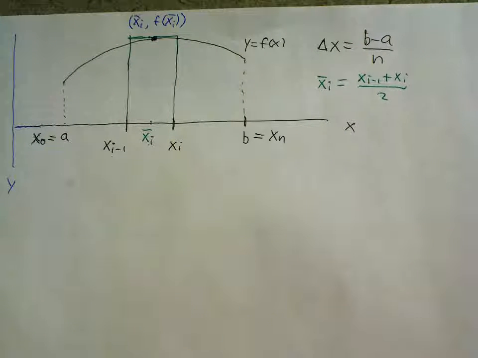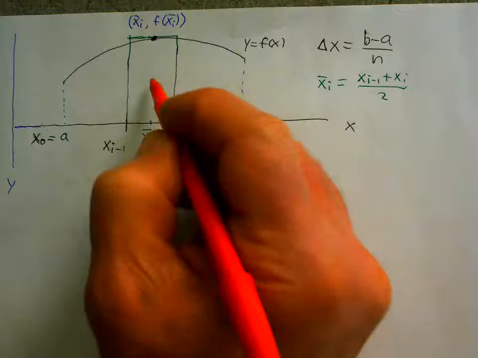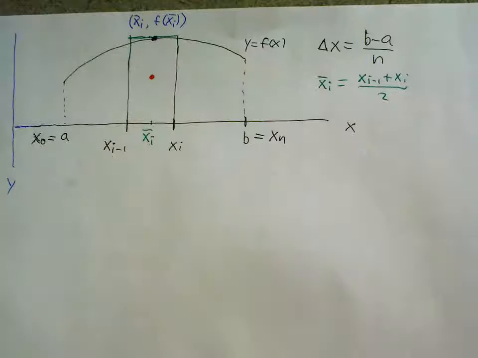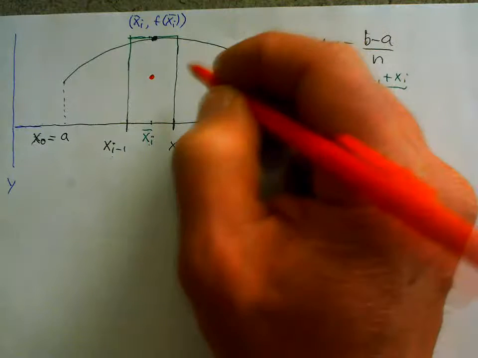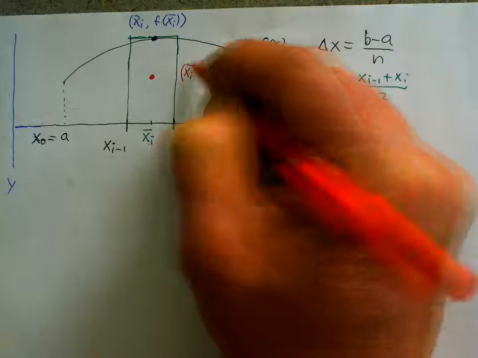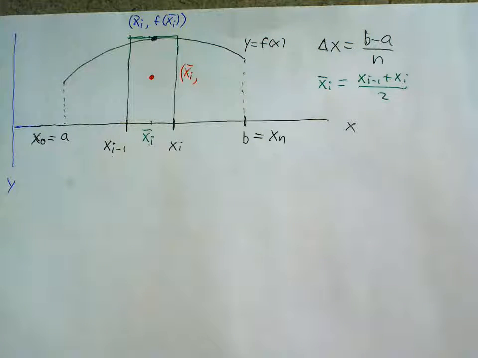Well, we know it's right in the middle. What's the x coordinate of the centroid? X sub I bar. And what's the y coordinate?